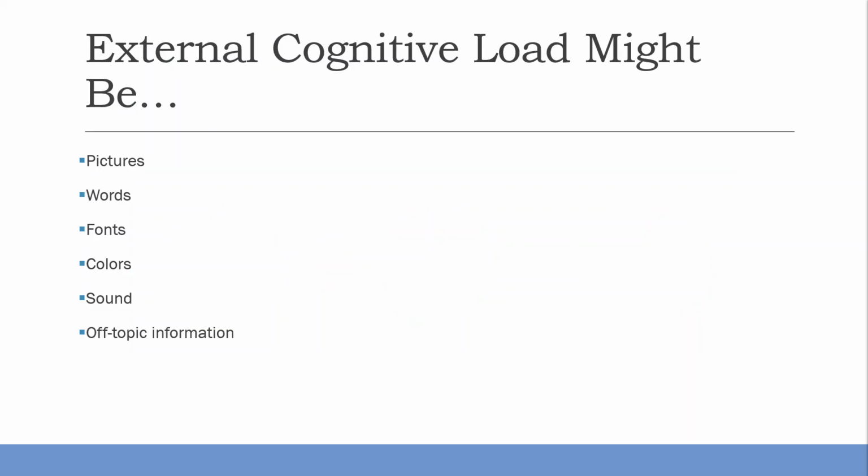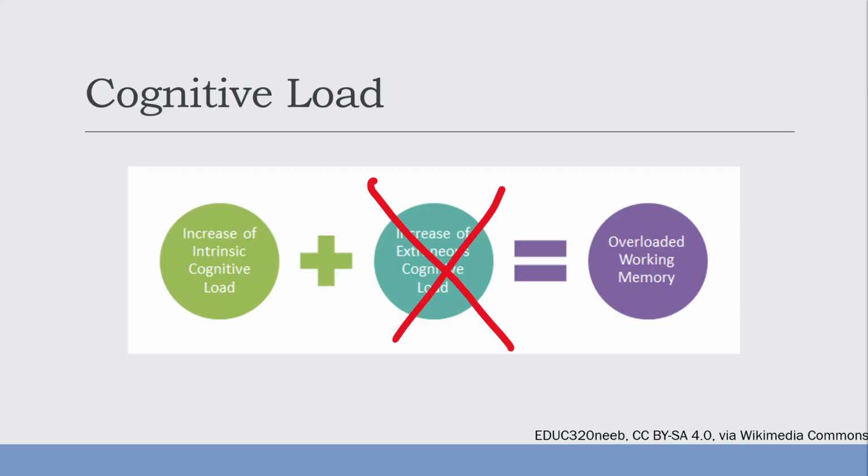So cognitive load can be added by things like pictures, words, fonts, color, sounds, off-topic information. These things can be used effectively for clarifying things, and if the material itself isn't too hard to begin with, then it's not as big of a deal to add extra colors or things like that. But if you're focusing on a very hard topic, it's important to not have extra cognitive load.